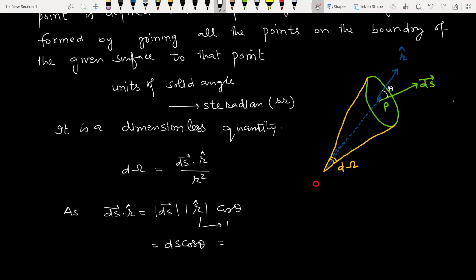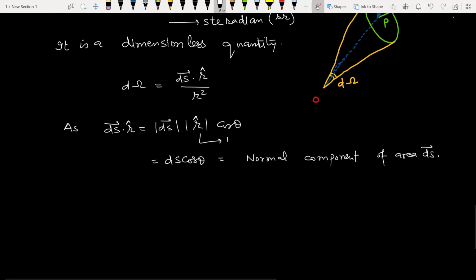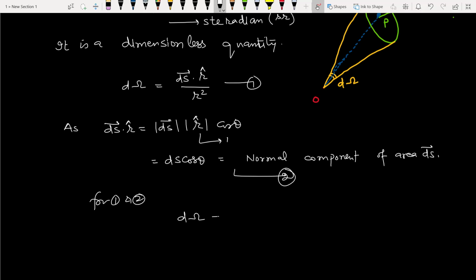It is also called the normal component of area vector ds vector. So from 1 and 2, d omega is equal to ds cos theta divided by r square.